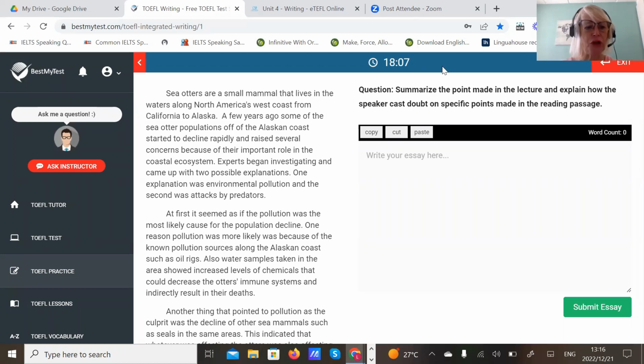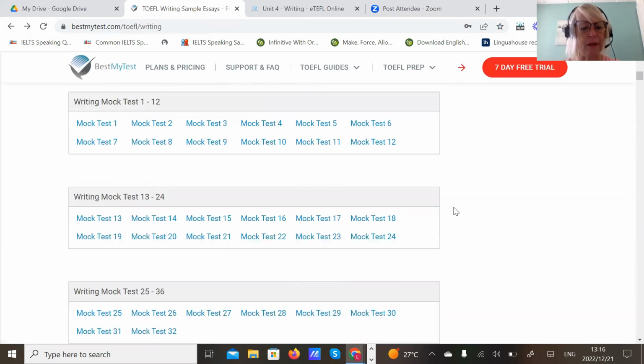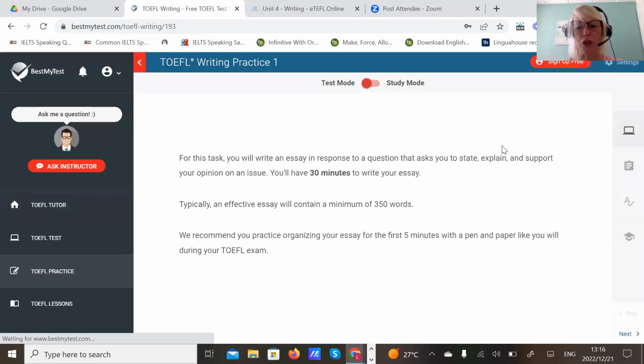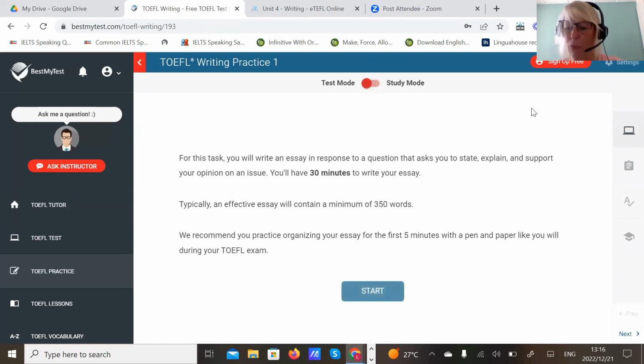Okay, so I'm going to go on to the other essay because that's also important in the structure. Okay, this is the independent essay now. So in some ways, it's quite similar to that we did, but in other ways, it's quite different.